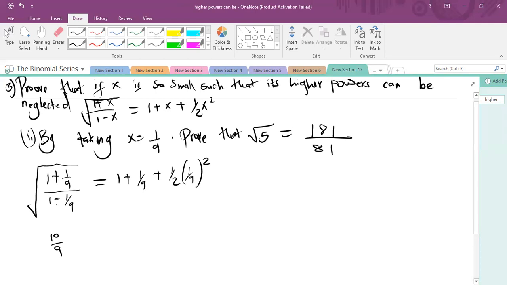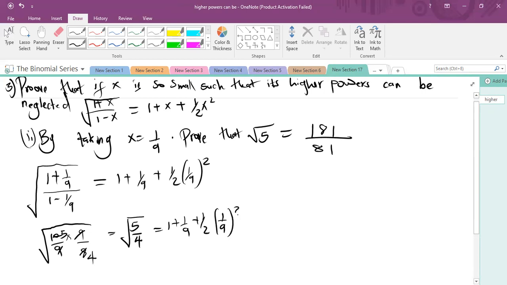Divide by this, 1 minus 1 over 9, which is the same as 8 over 9. So dividing by 8 over 9 is the same as multiplying by 9 over 8, the square root. And what does that give? So 2 goes here, and then we remain with that. So this will give the square root of 5 over 4 equal to this other side, which is 1 plus 1 over 9 plus a half into 1 over 9 squared.